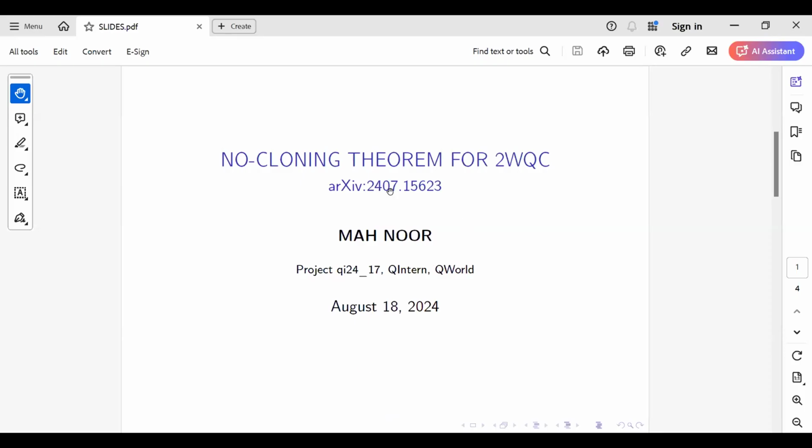So I worked on the no-cloning theorem for two-way quantum computing. Why did I choose this project? As you will see later, this architecture of quantum computing is quite powerful. It increases the speed and accuracy of many quantum algorithms, famously Grover's algorithm.